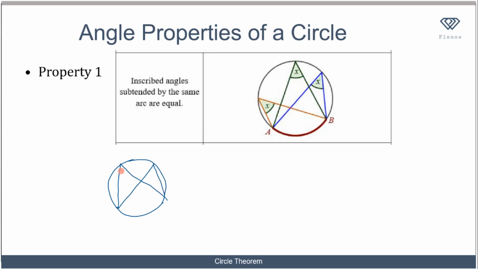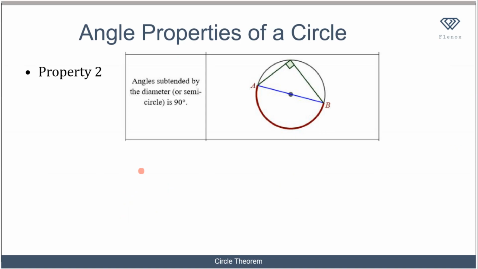I'm told that the angle here is 30 degrees, and I mark what this angle here is. As you can see, both of those lines originate from the same point on the arc. Therefore, the angle subtended on the circumference must be equal. So if here is 30 degrees, here also must be equal to 30 degrees.